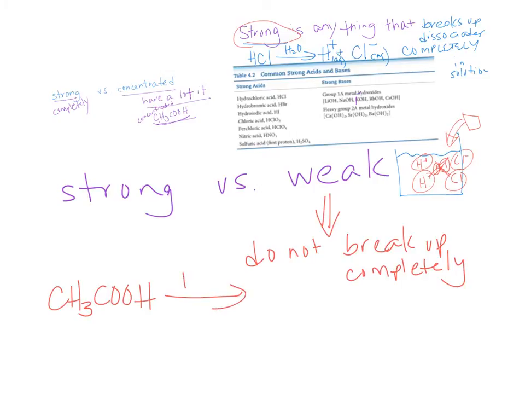When we put this in water, it does not dissociate completely into acetate ions and hydrogen protons. It only breaks up a little bit, so most of it will still exist as CH3COOH. And only a little of it will exist as a proton and the acetate ion, which we write like that.